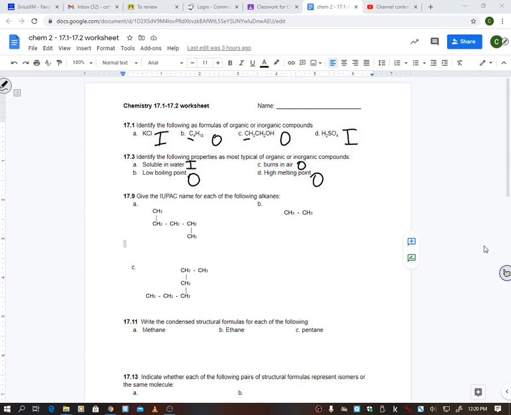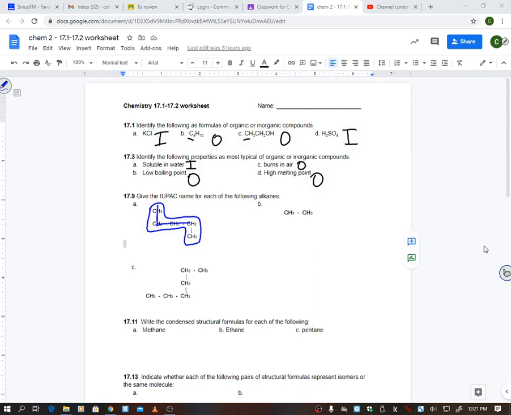All right, so give the name for each of the following alkanes. Remember when I'm naming alkanes, my first step is to find the longest chain without picking up my pencil. I'm circling like this so you can see the chain.